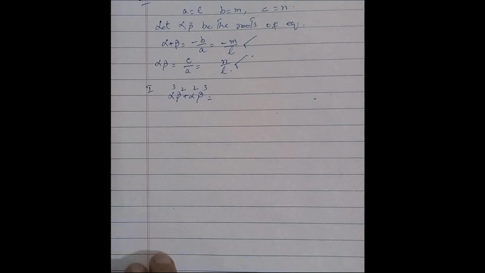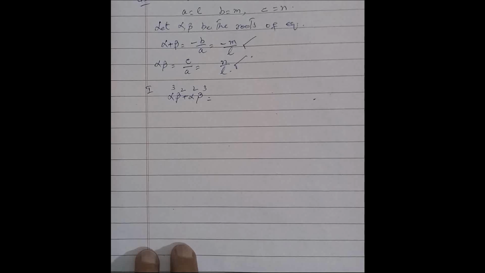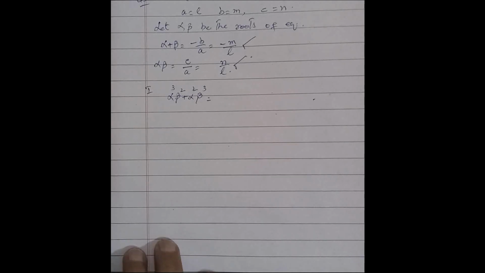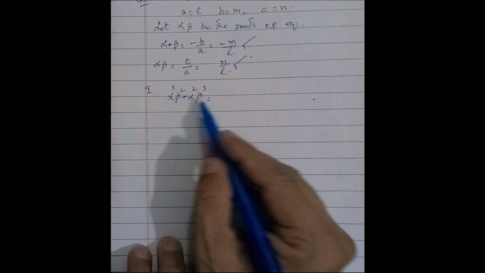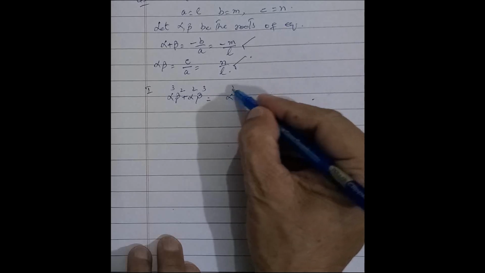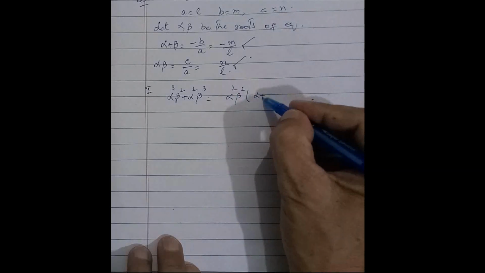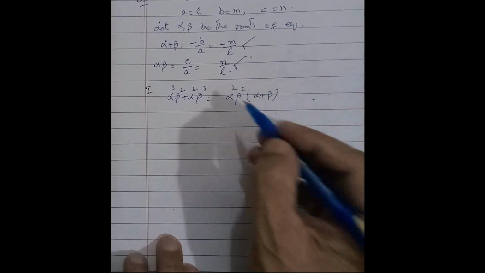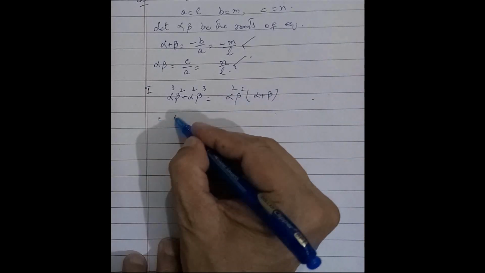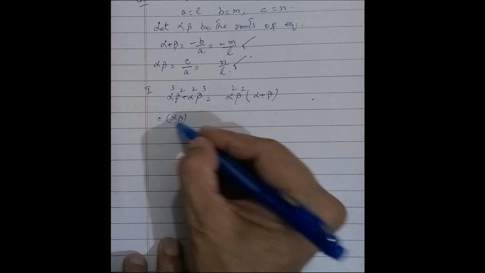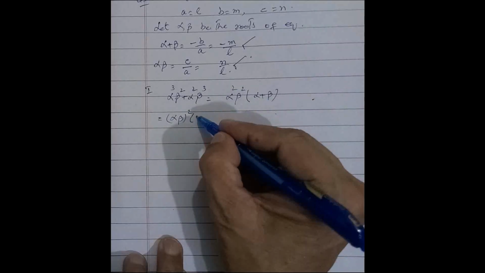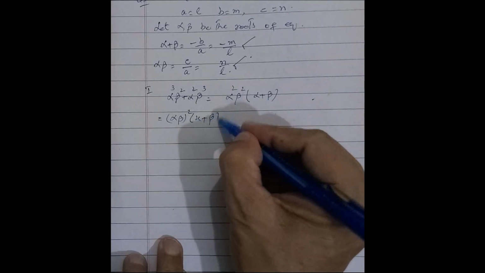First we mold this equation in the form of alpha plus beta and alpha beta. Take common alpha square beta square, the remaining value is alpha plus beta, so we write alpha beta whole square into alpha plus beta.